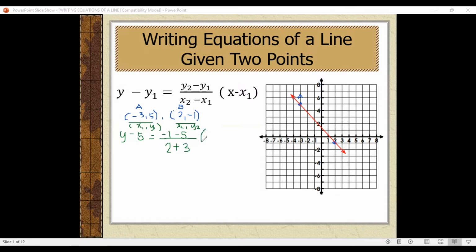And again, we will take x as the variable. So x minus x sub 1, and that is equal to -3. Again, there will be a change. Instead of having -3, that will now become +3.